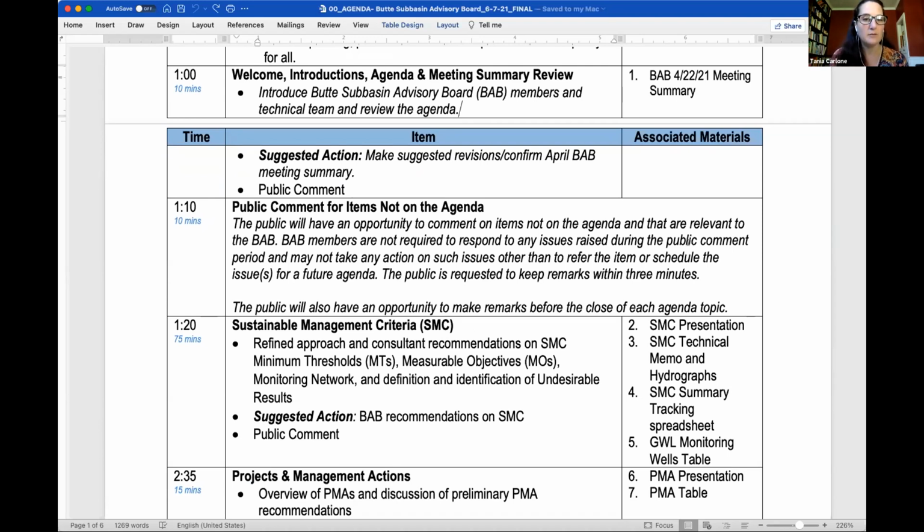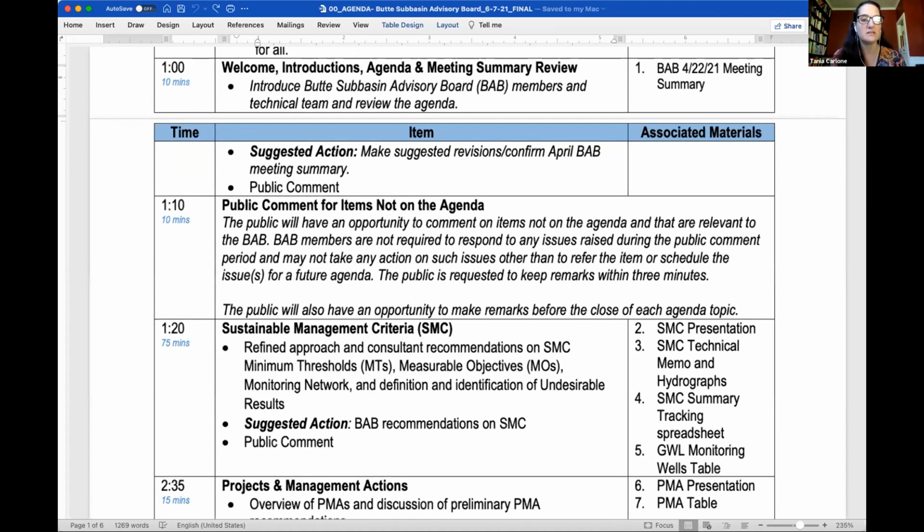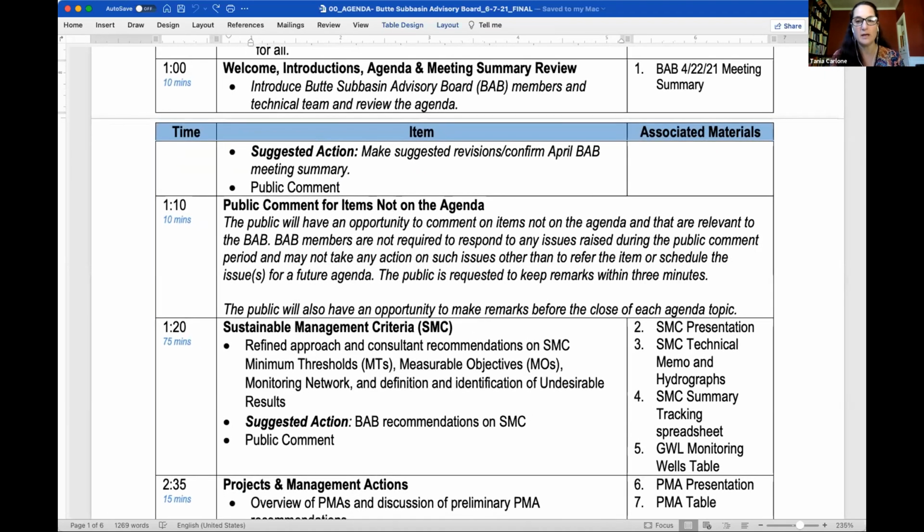We will then focus on the sustainable management criteria. We will receive a presentation from the technical consulting team. You'll notice that there were several materials that were sent out and posted to the agenda to support that discussion. We hope that the SMC technical memo and hydrographs were helpful and hope you were able to review those.